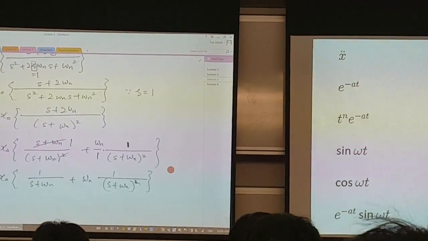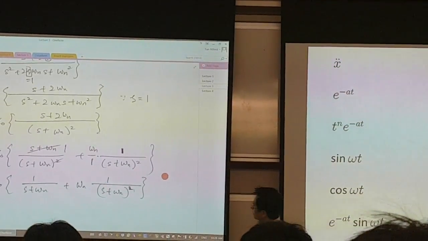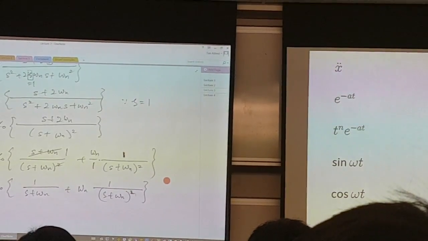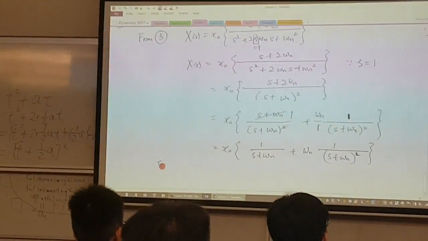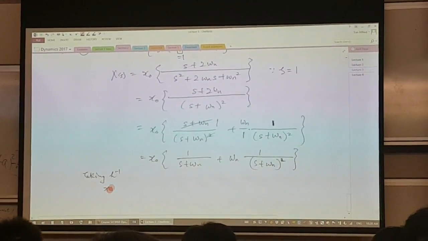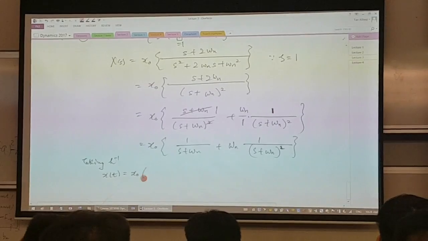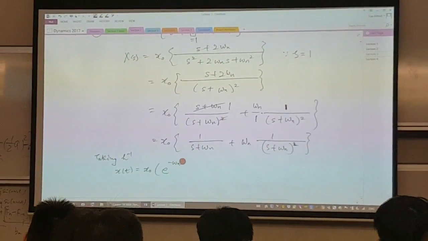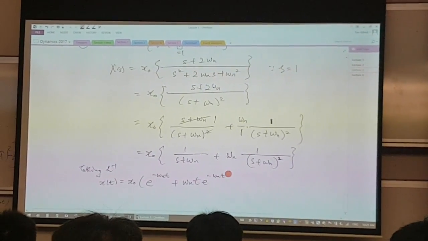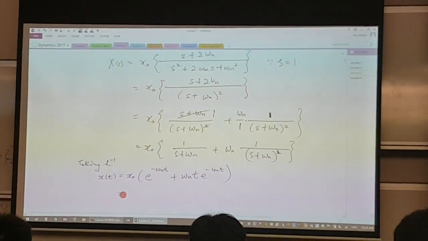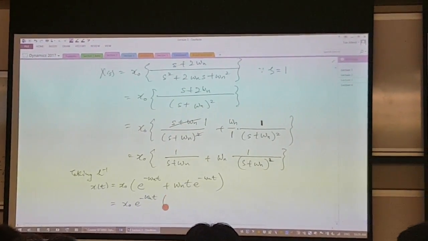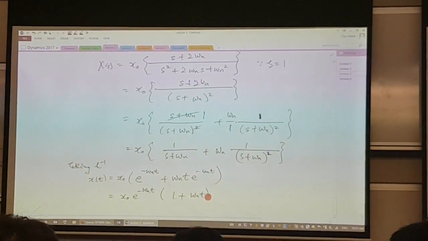So inversing Laplace, you have x(t) equal to x naught e to the power minus omega n t plus omega n t e to the power minus omega n t. So there's a common factor, that is e to the power minus omega n t, times 1 plus omega n t.